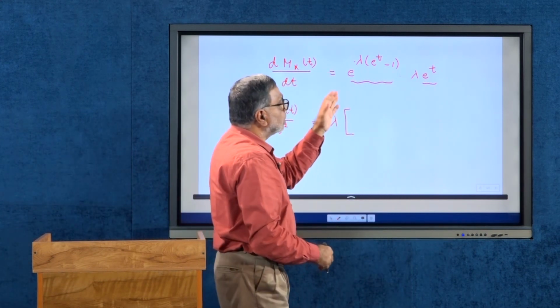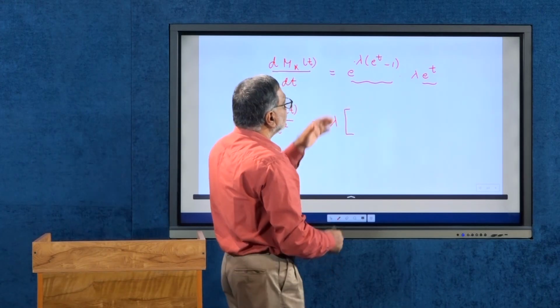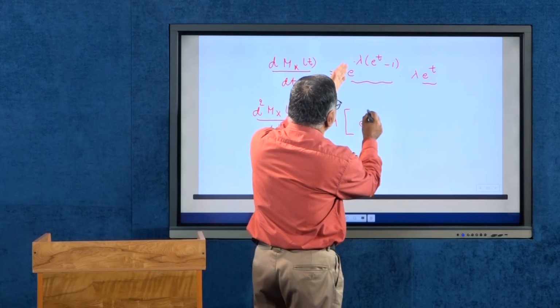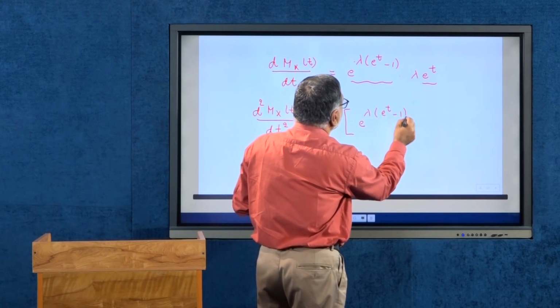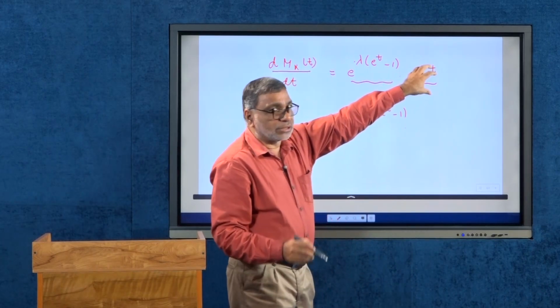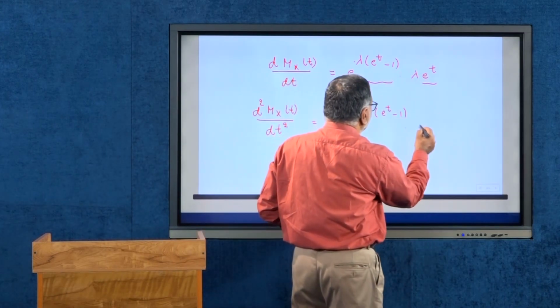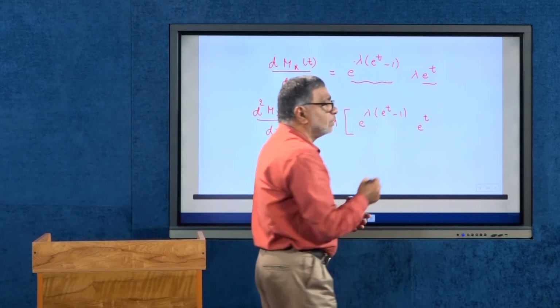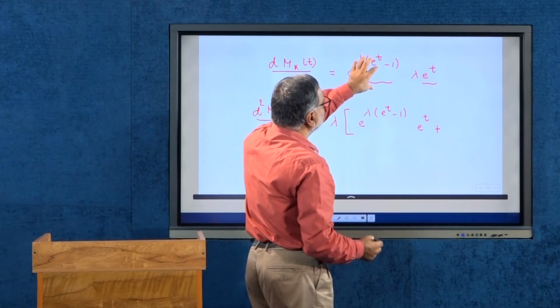Using the derivative of the product of 2 quantities, you have the first function, e power lambda (e power t minus 1), into the derivative of the second function. The derivative of e power t is e power t itself, plus the derivative of the first function.